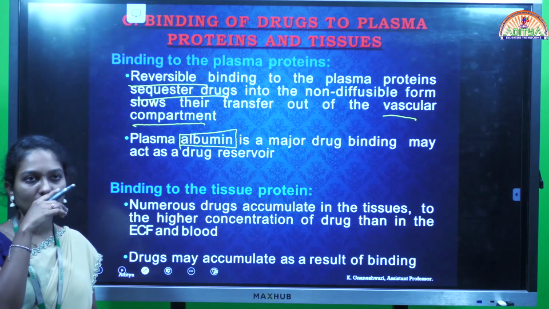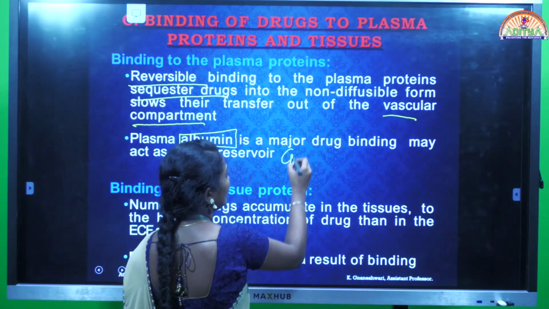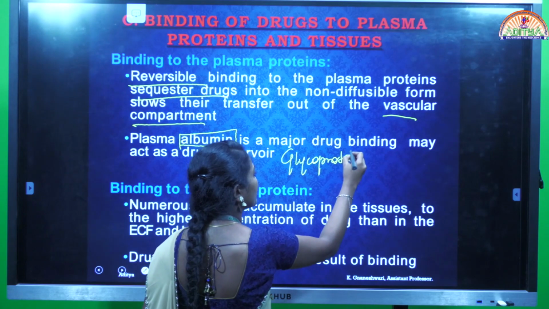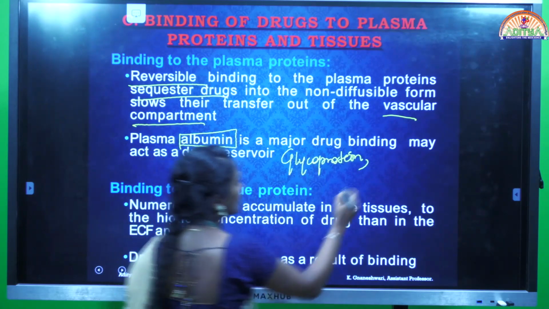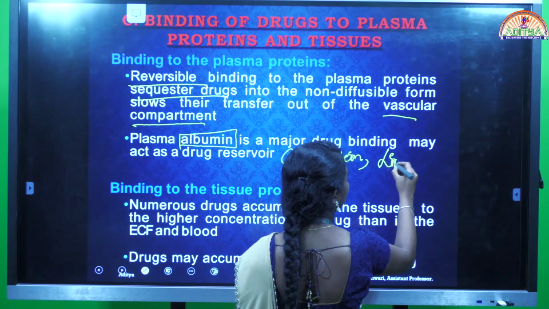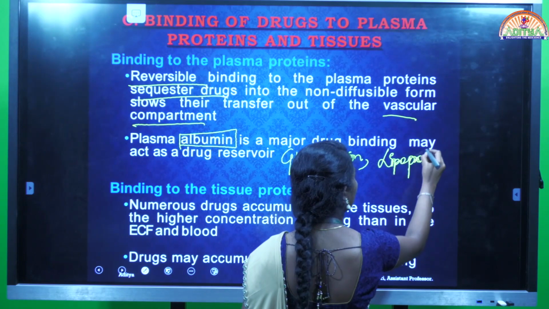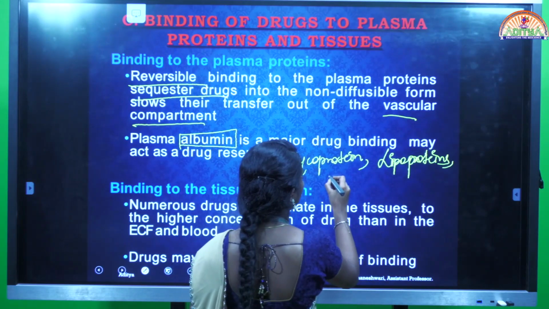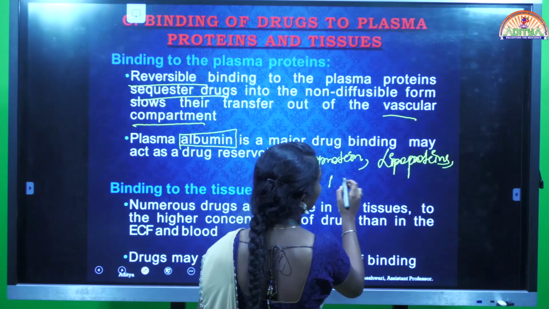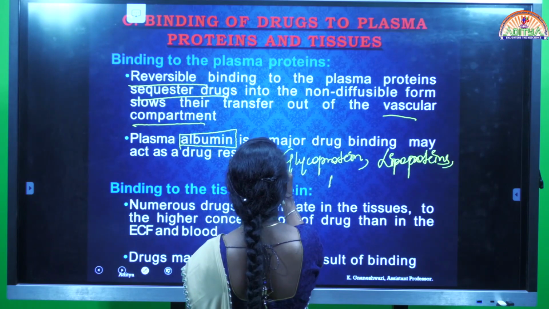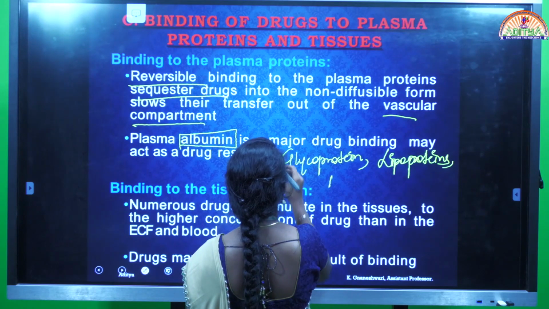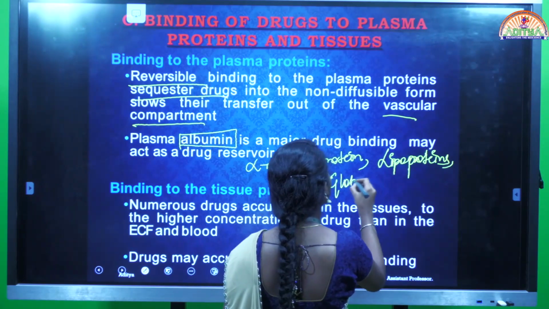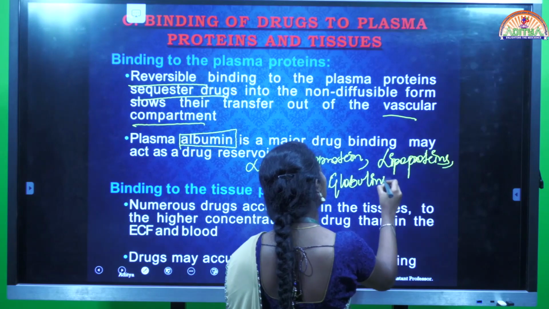And apart from albumin, you will also have glycoproteins, lipoproteins, and globulins, such as alpha acid glycoprotein.